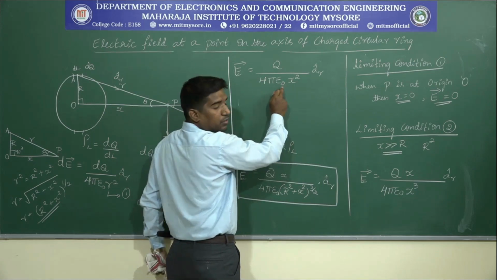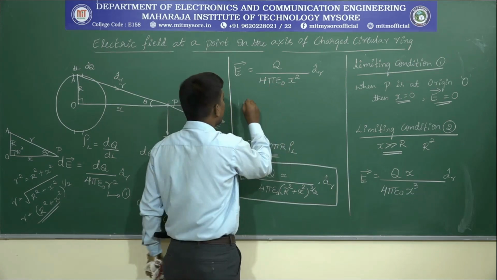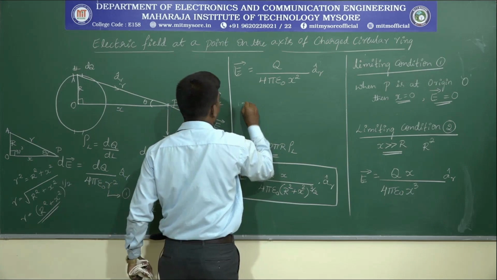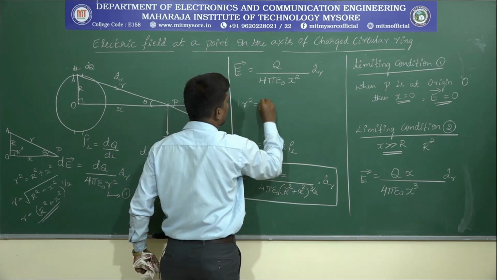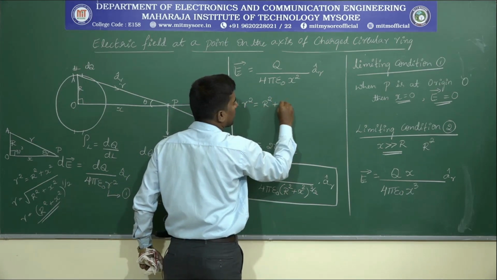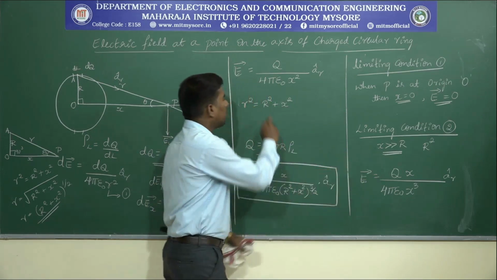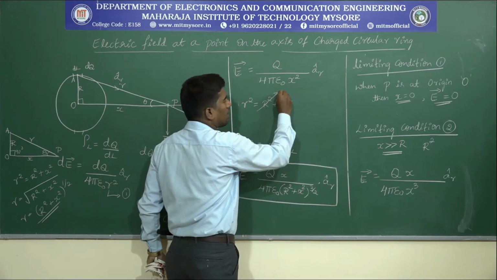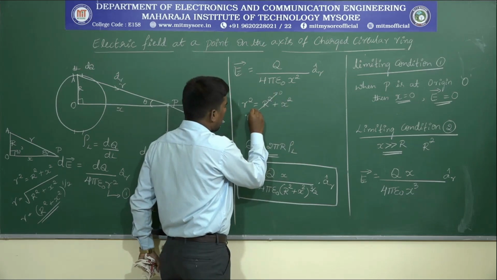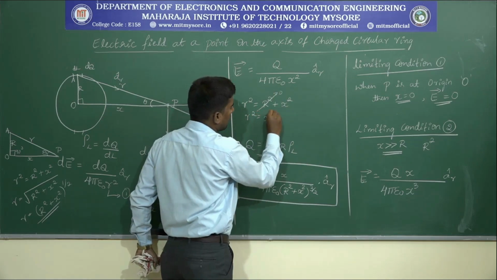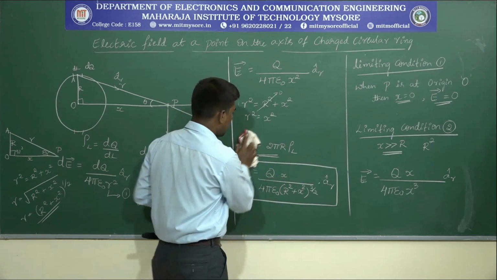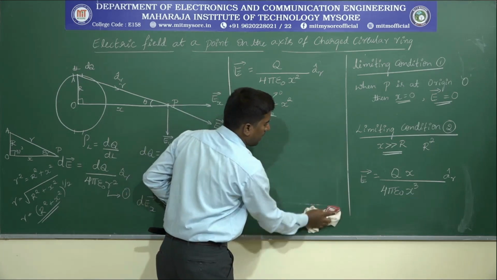But this equation is not yet complete, because according to the Pythagoras theorem, r square is equal to capital R square plus x square, which we have considered. According to this limiting condition, when the r square component is neglected, then small r square is equal to small x square. These two distances are equivalent.